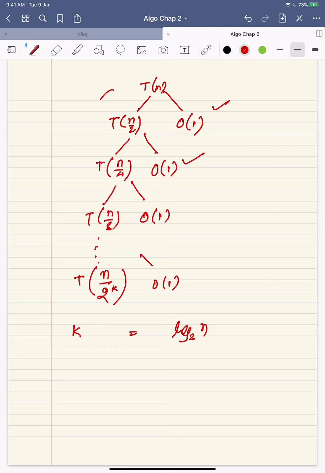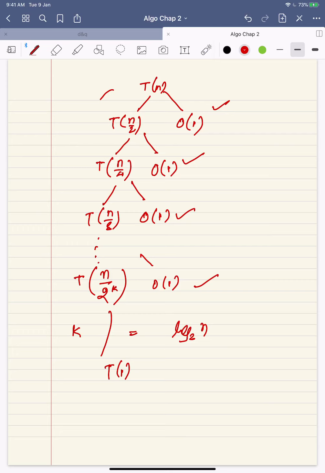Fine. So this becomes T(1). And you imagine T(1) will take some constant time. That is solving for a problem of size 1. With only one element, searching for the key will take constant time. But then you did some other work. This order 1 work you have done multiple times.